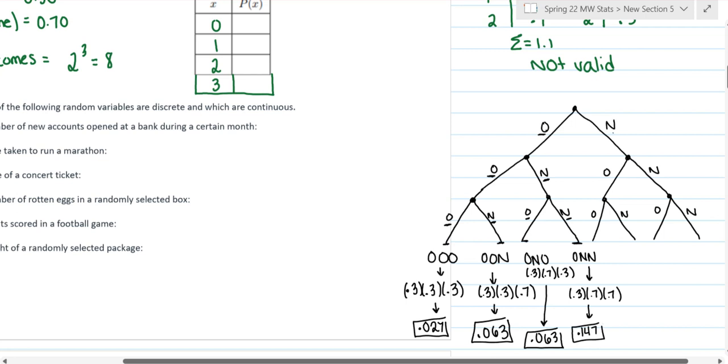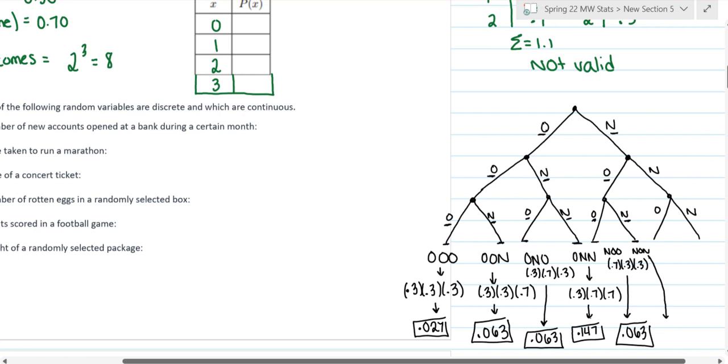Okay, then not online, online, online. So N-O-O. So that's 0.7, 0.3, 0.3, which is 0.063. Not online, online, not online, so N-O-N. Okay, so that's 0.7, 0.7, 0.3. I'm just going to bring that down here.